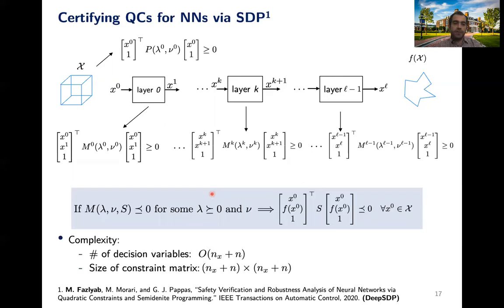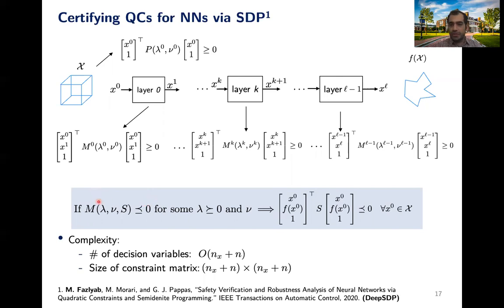So here's the main result after this procedure. We obtain a linear matrix inequality of the form M of lambda, nu, and S less than or equal to 0. Lambda and nu are the vectors of multipliers for all layers together and the input set, and S is a given symmetric matrix.